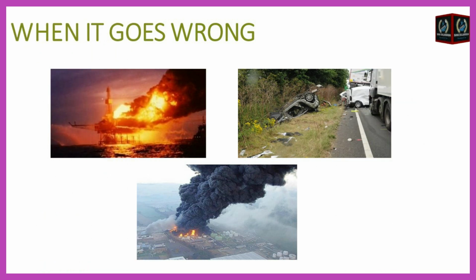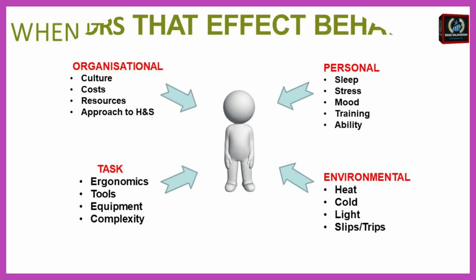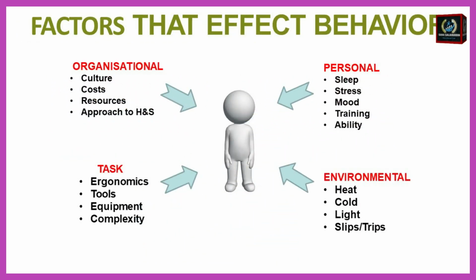Unforeseen situations happen just because of human errors and machine errors. As you can see in these three pictures, these are accidents just because of the design, including the human factors. Let's have a discussion on what the factors are that affect behavior.